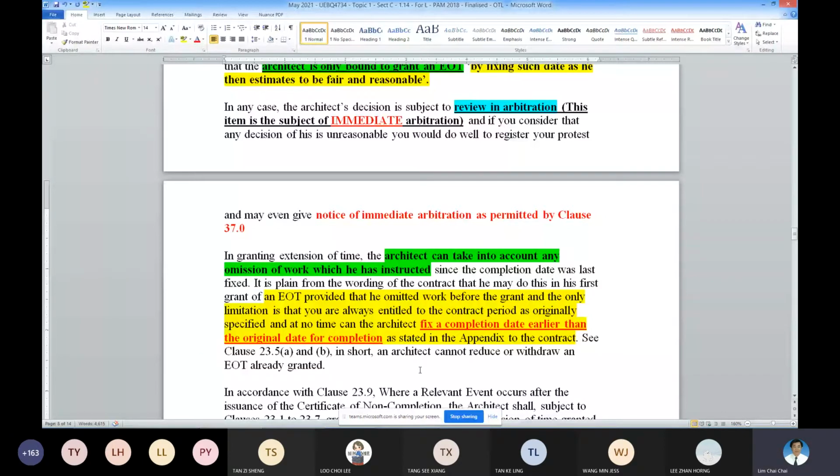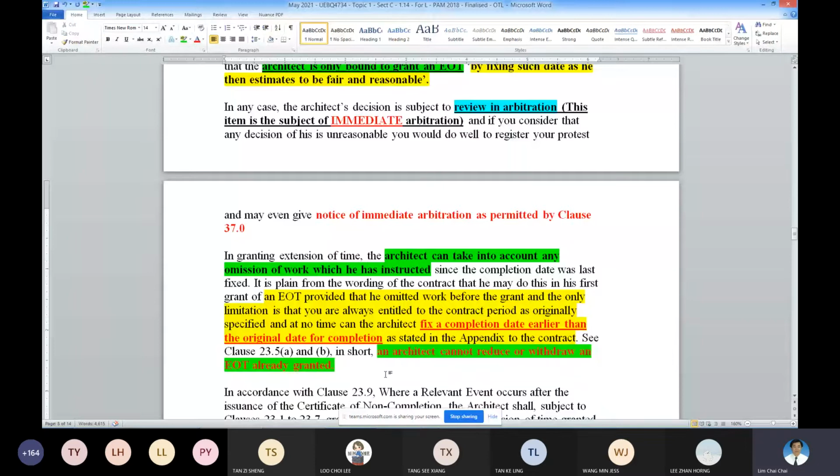Another important aspect, architect cannot reduce or withdraw the extension of time already granted. Okay, so in this example, if architect issues extension of time number 1 granting 40 days already, then extension of time number 2 granting another 20 days, so altogether 60 days. Okay?